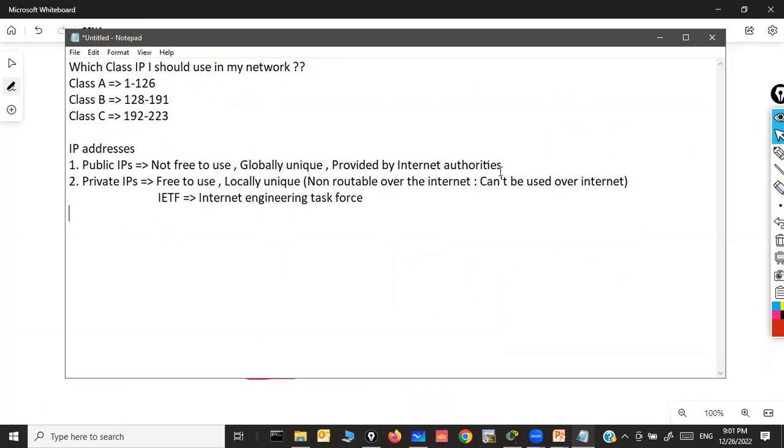If you want to read more about this, you can open the site www.ietf.org. There is another global organization dealing with the same thing, and its name is IANA, Internet Assigned Numbers Authority. If you want to read more, you can visit iana.org.